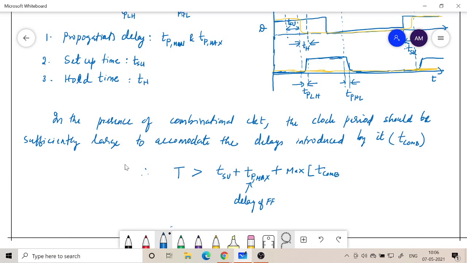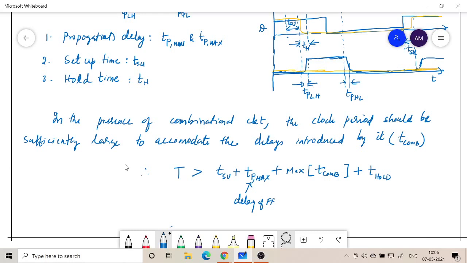There may be lots of gates, so we take the maximum delay of the combinational circuit, then plus, to be on the safe side, we can add T hold.